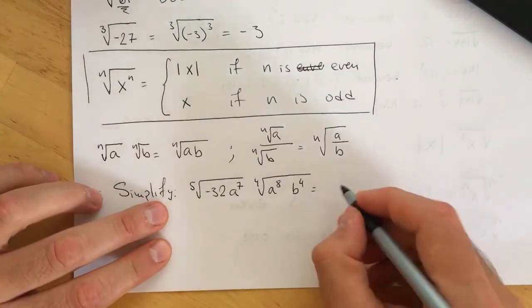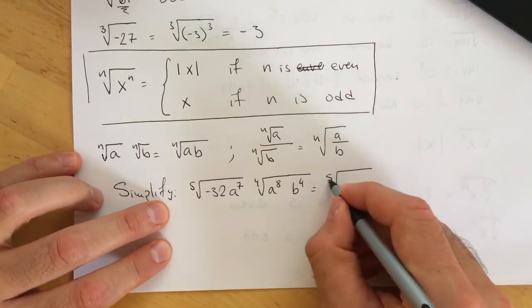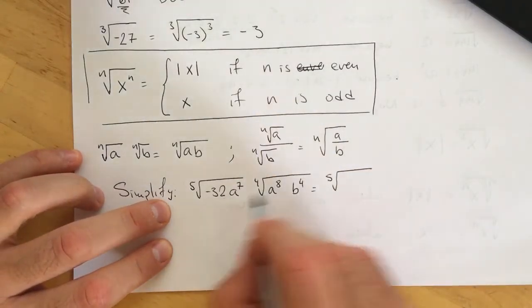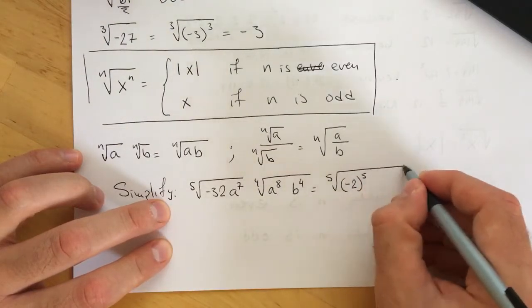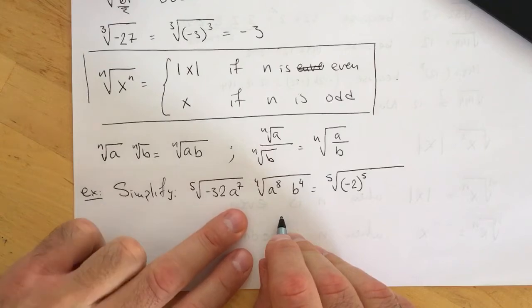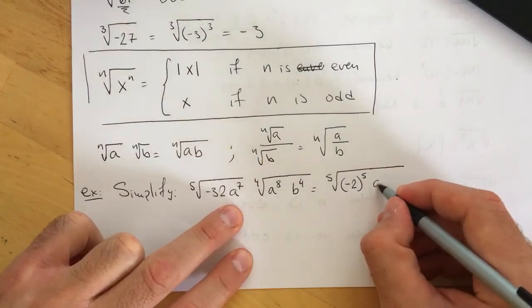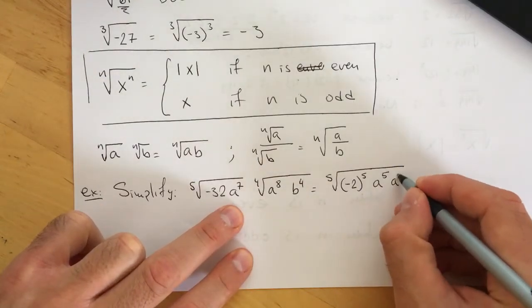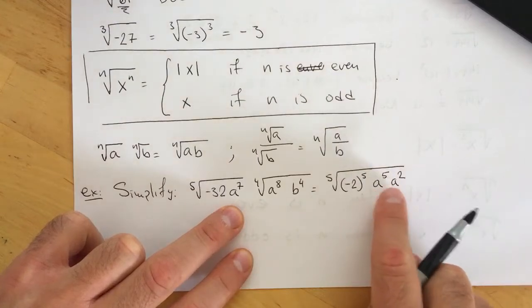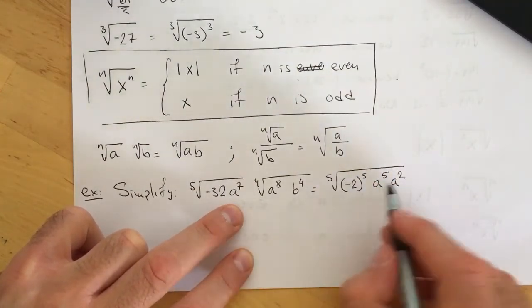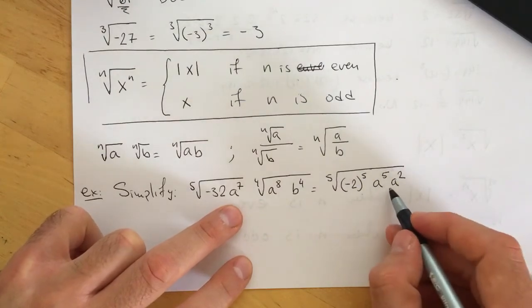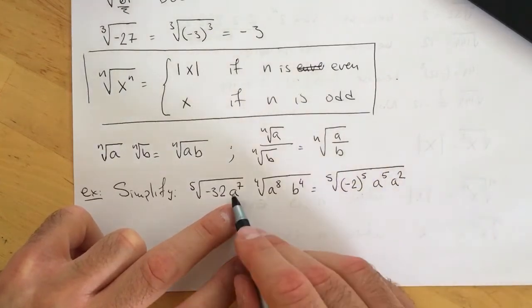Let's go slowly here. The fifth root of negative 32 is negative 2, since negative 2 to the power of 5 is negative 32. By properties of exponents, a to the power 7 is a to the power 5 times a squared, since when we multiply, we add the exponents: 5 plus 2 is 7.